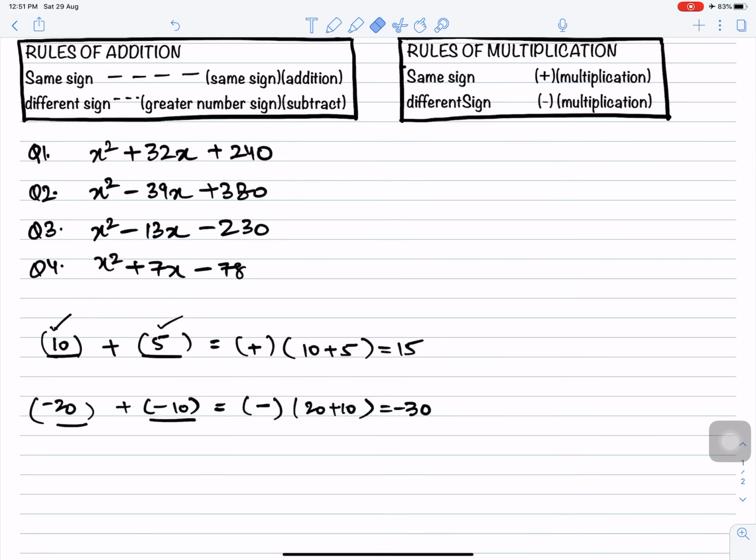Now when we have different signs, when we add two numbers, they don't have the same sign.